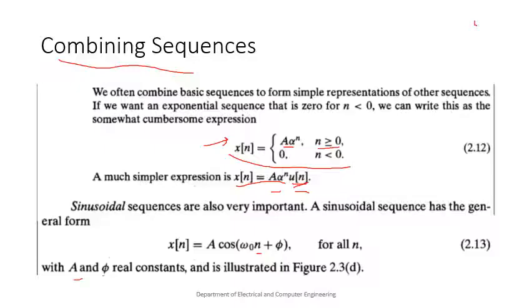A and phi are real constants. This omega naught is the angular frequency and n is the sequence number. This angular frequency is in radian per sample.